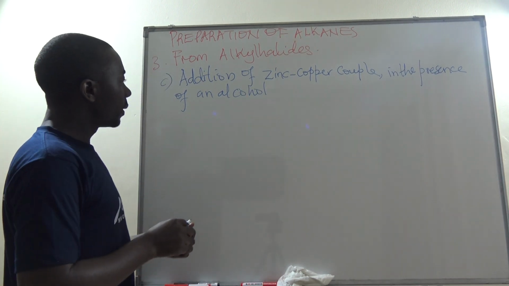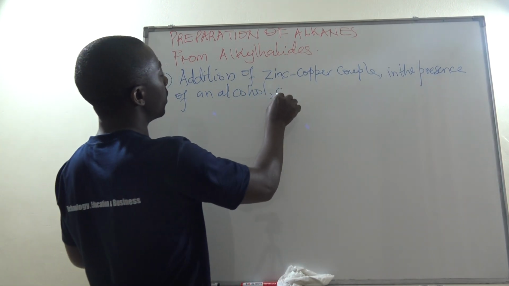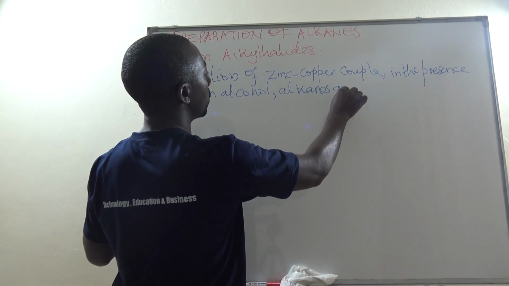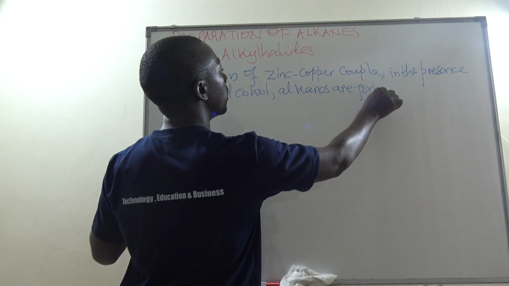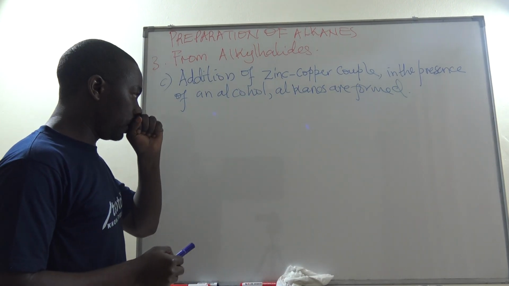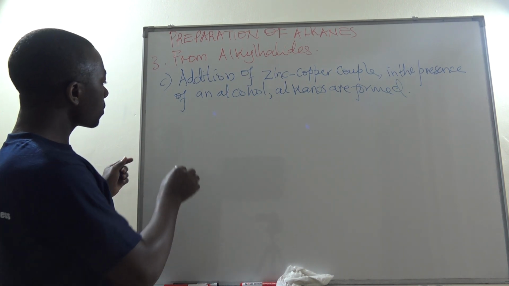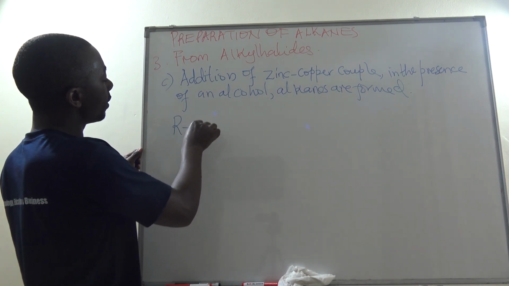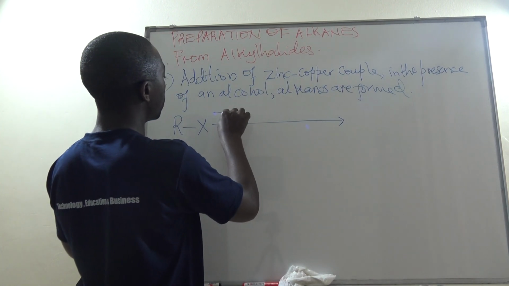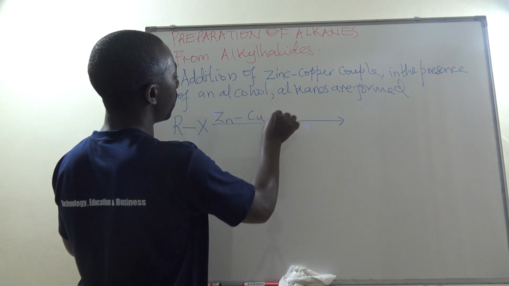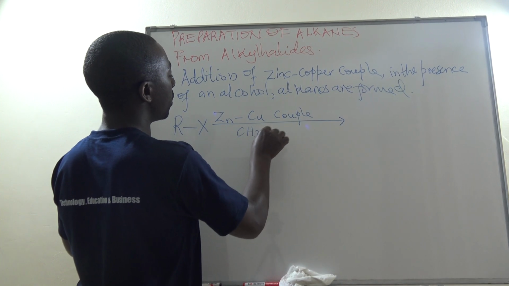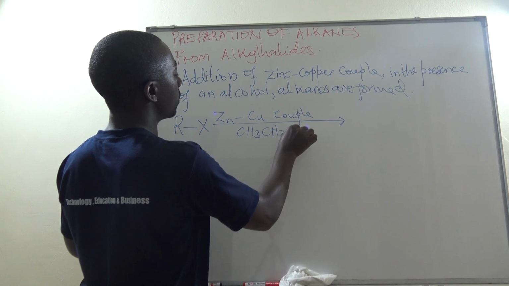then alkanes are formed. Take an example. We have RX reacting with zinc copper couple in the presence of an alcohol like ethanol.